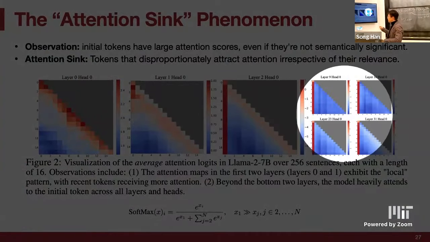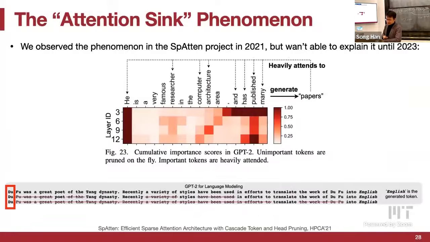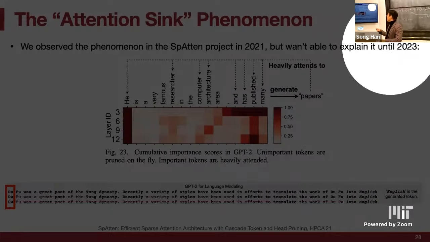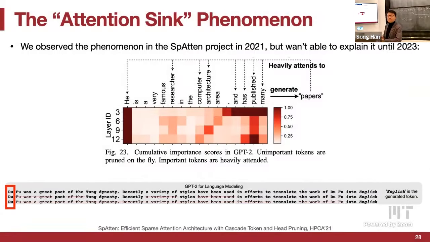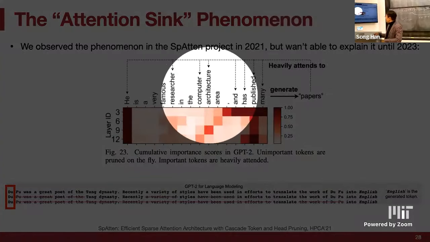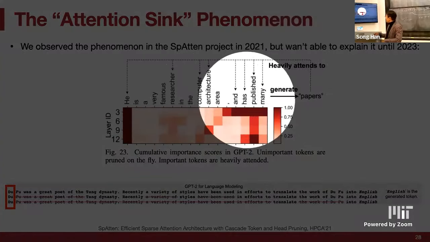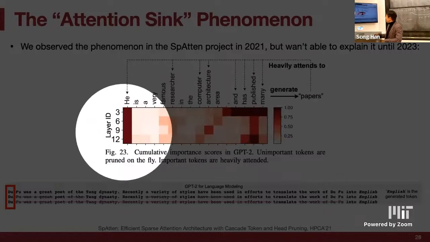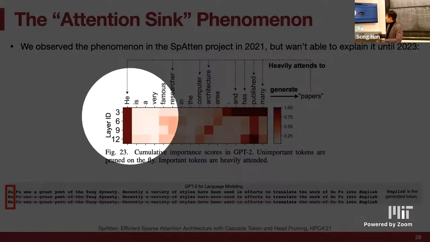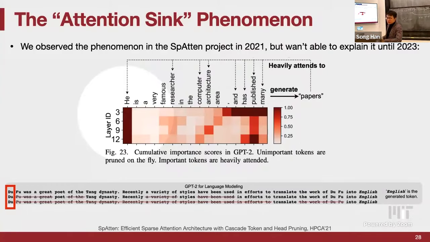The first token received a very heavy attention score. Very interestingly, we observed this phenomenon about 3 years ago, back in 2021, in the SpAtten project, the sparse attention project, but we were not able to explain it at that time. For example, in this sentence, "He is a very famous researcher in the computer architecture area and published many papers," we find it attends very heavily to the first token right here. That's not just a single case.